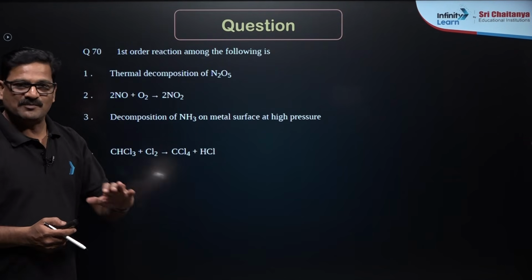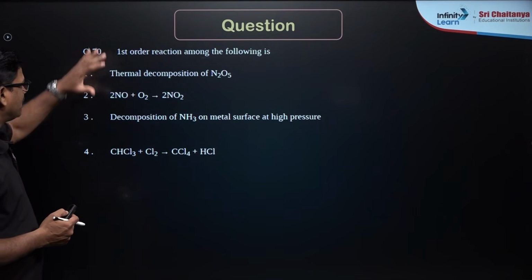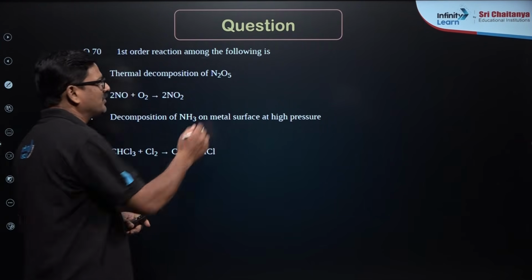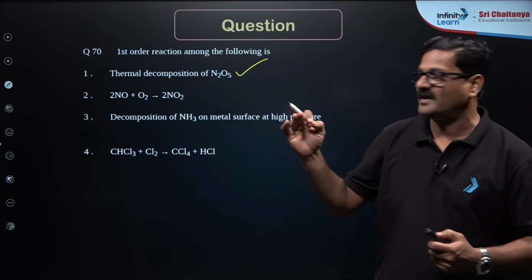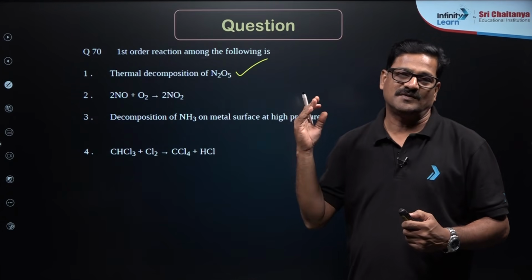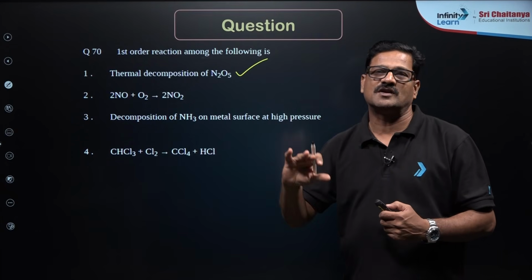Students, this is an example based question from chemical kinetics: which is the first order reaction among the following? Thermal decomposition of N2O5 is the basic first order reaction. Decomposition of N2O5, decomposition of H2O2, these are all first order kinetics.